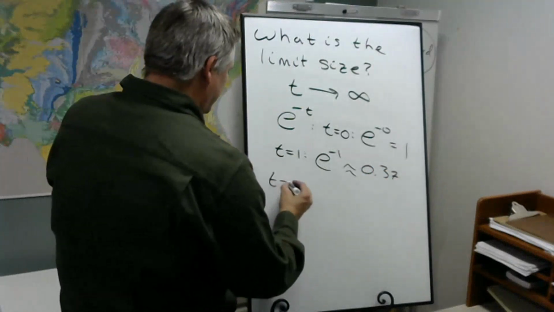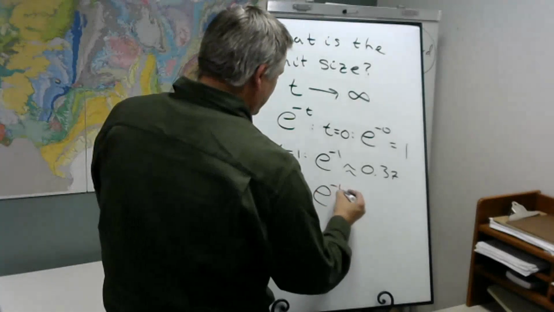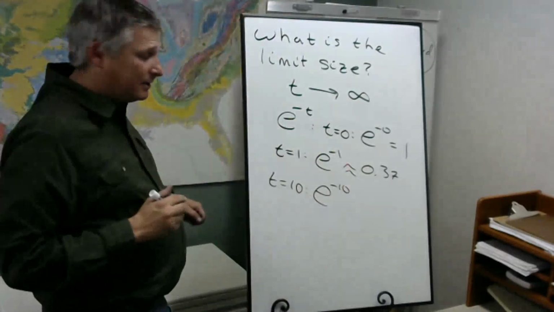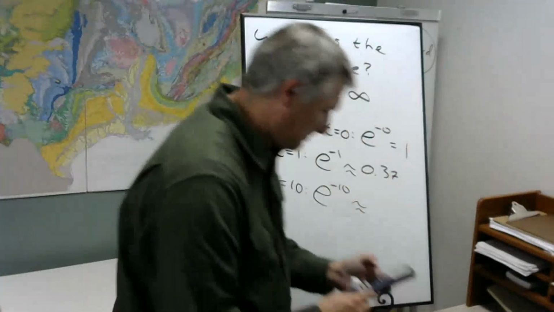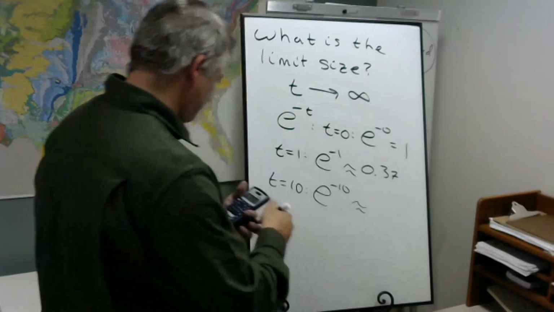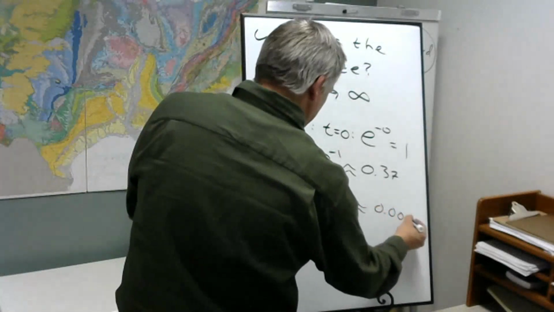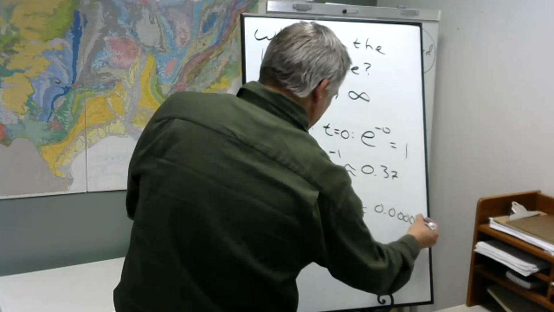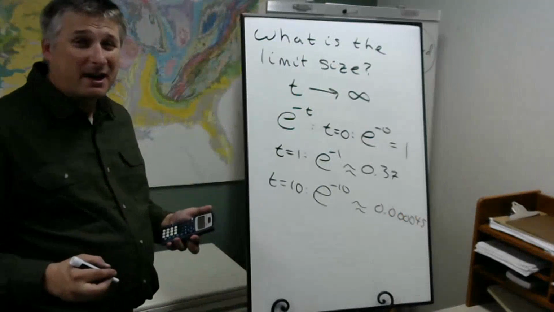Let's go t equals 10. Well, that means we have e to the minus 10. Remember, it was e to the minus t. It got small really fast.